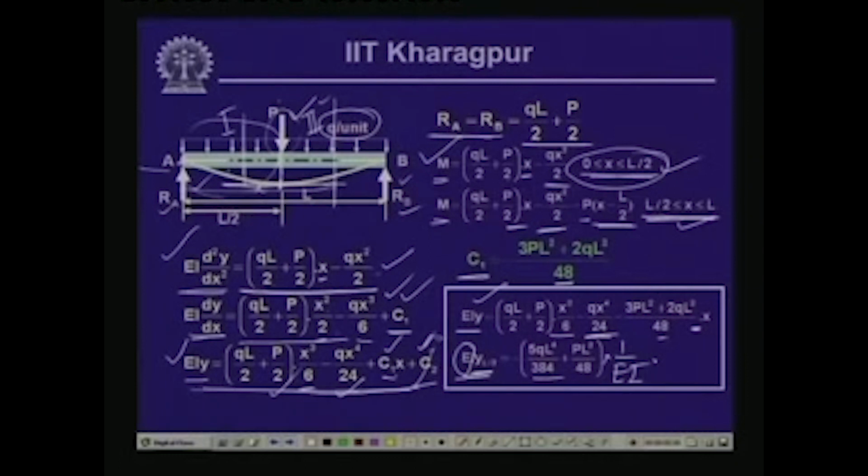So, this is the normal way we compute the deflection in a beam, using the differential equation for bending. Now, if we like to employ the method of superposition, let us see what we get applying it for this particular case.